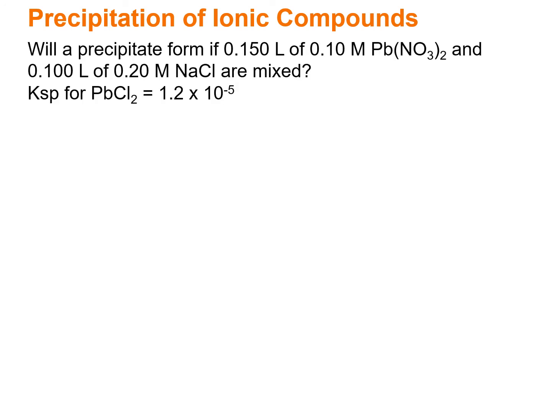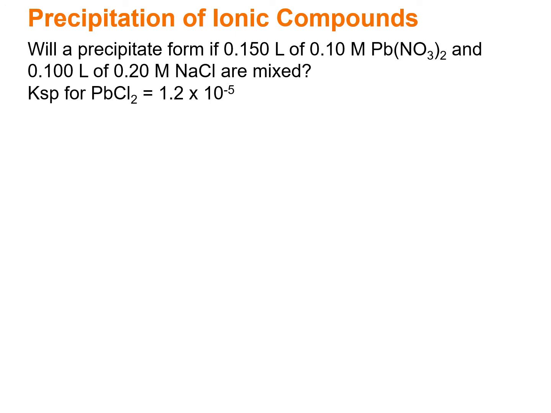So let's take a look at a problem that's typical of this topic. We're asked to figure out whether a precipitate forms. Let's consider that we have 0.15 liters of 0.1 molar lead nitrate and 0.1 liters of 0.2 molar sodium chloride. These two are mixed and we're given a KSP for lead chloride of 1.2 times 10 to the minus 5.